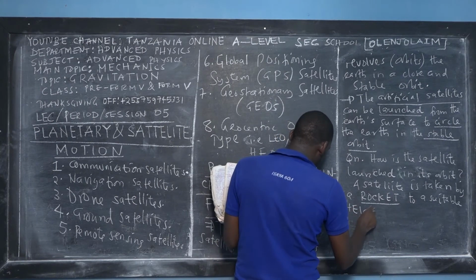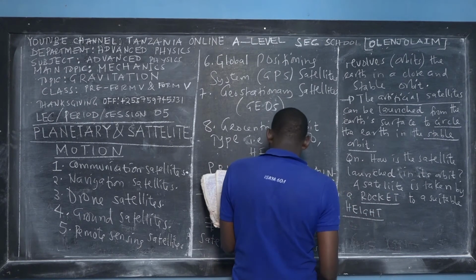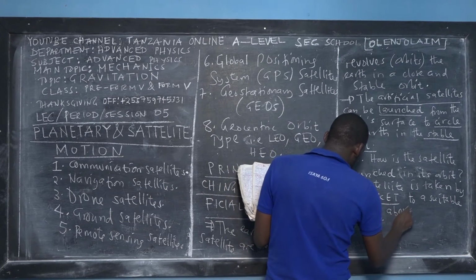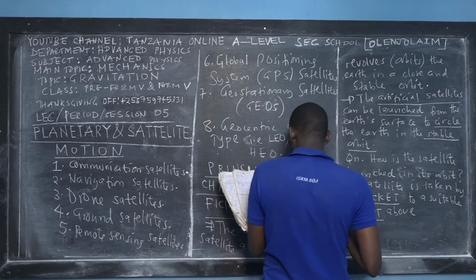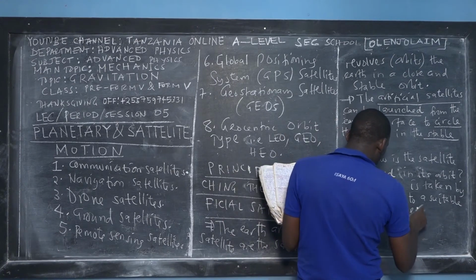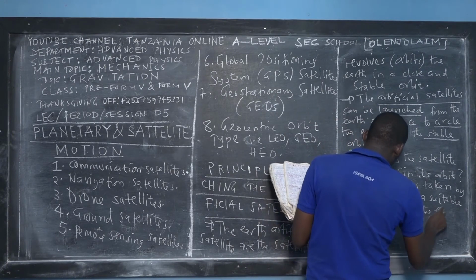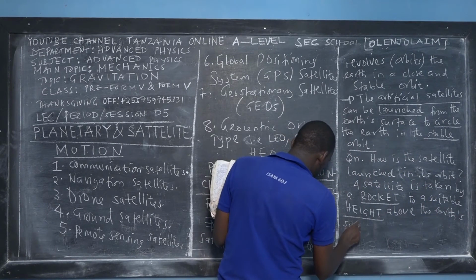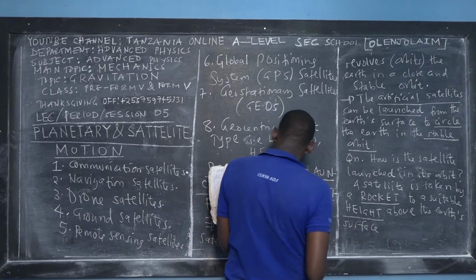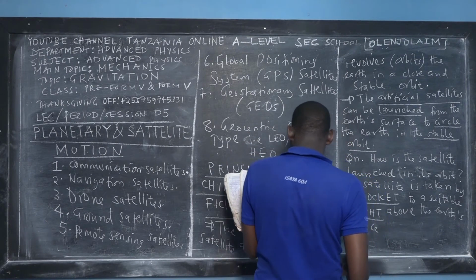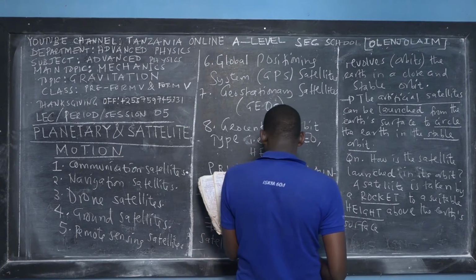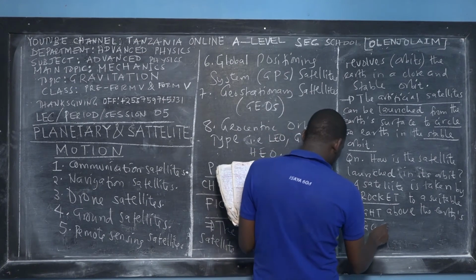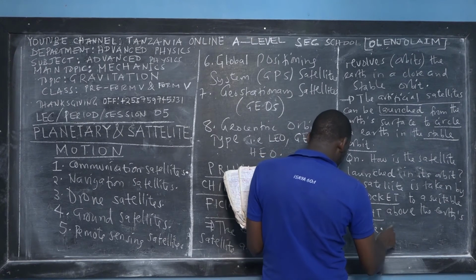This is a very important keyword again: a suitable height above the Earth's surface, above the surface of the Earth.